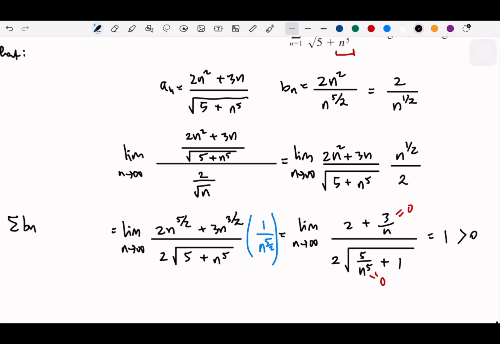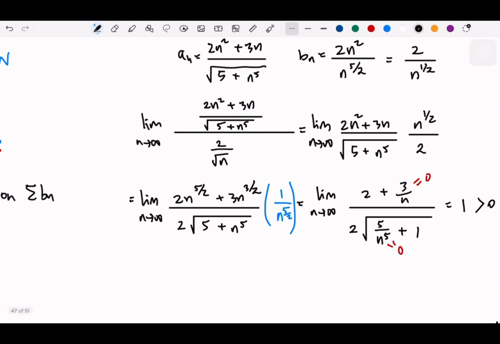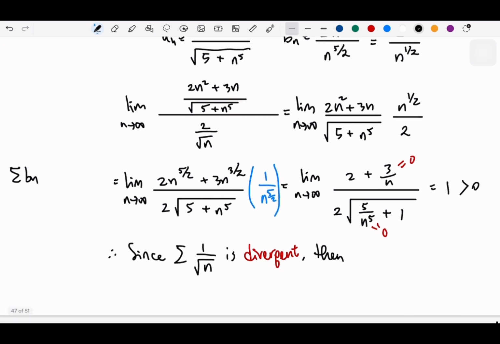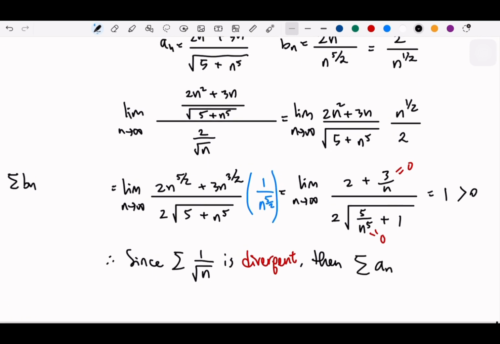So it's also a positive term, which means that we can make a conclusion from the B. So since the series bn, or let me just write the series, 1 over square root of n is divergent, then the series an, let me just write an, it's too long, is also convergent by limit comparison test.